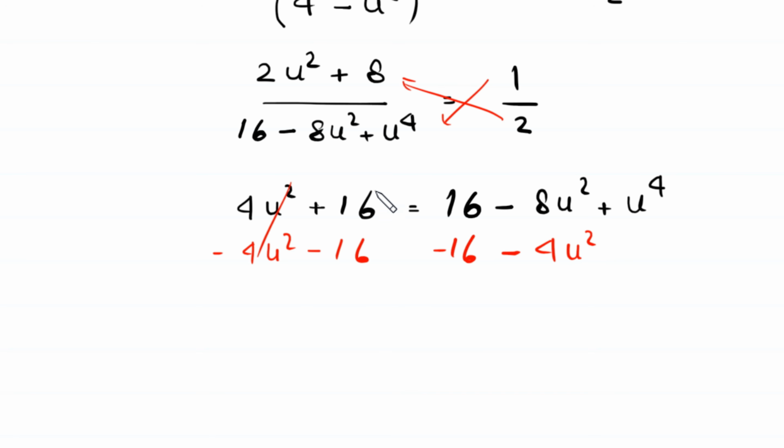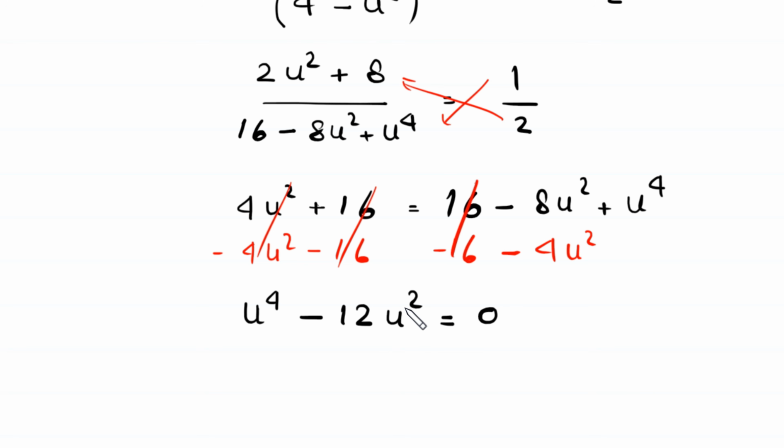So this cancelled out, this cancelled out, and this cancelled out. We are left with u to the power 4, and negative 8u squared minus 4u squared will become negative 12u squared equal to 0.